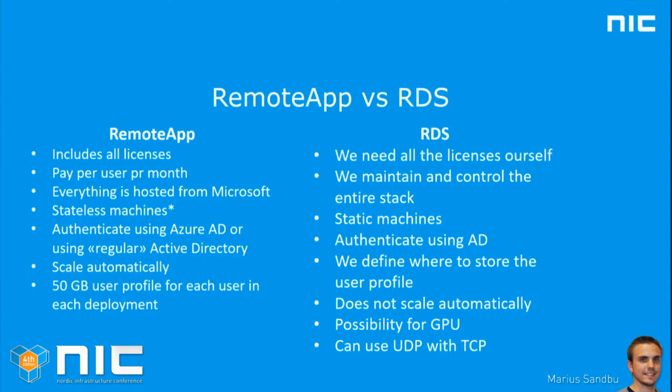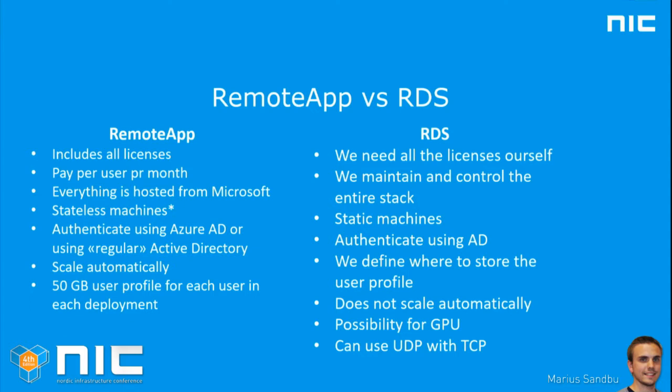It doesn't scale automatically. Of course, we have a lot of users complaining that it goes so slow, and we have to provision new virtual machines. But we have the possibility to use GPU-based workloads inside our terminal servers, and we can use UDP with TCP on traditional RDS.